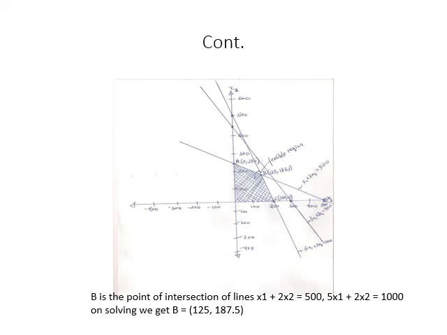In case of minimization, we deal with the points far from the origin. Okay, now let's make the substitution of the given points in order to find the maximum profit in the next slide.